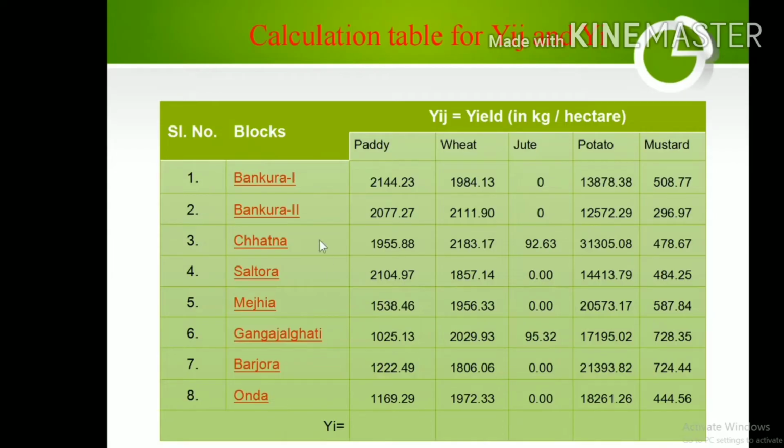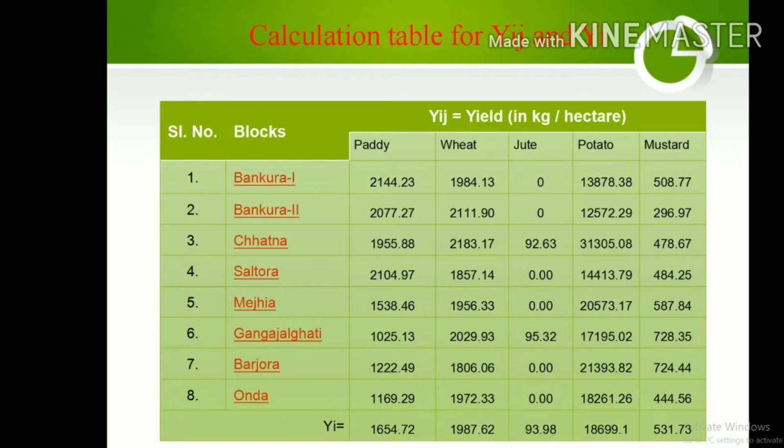So you have to make an average for paddy, wheat, jute, potato and mustard. So you see the value of Yi for individual crop for the entire region, for all the blocks.